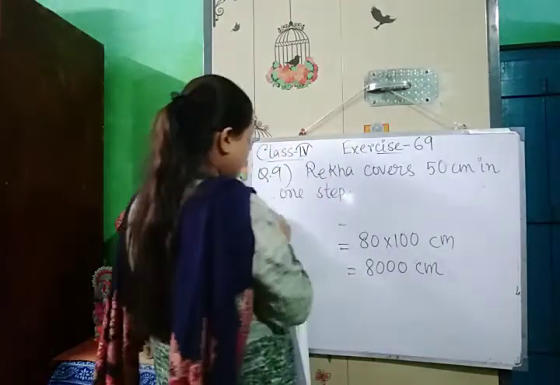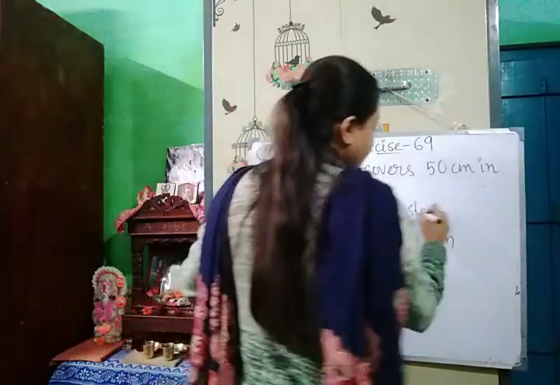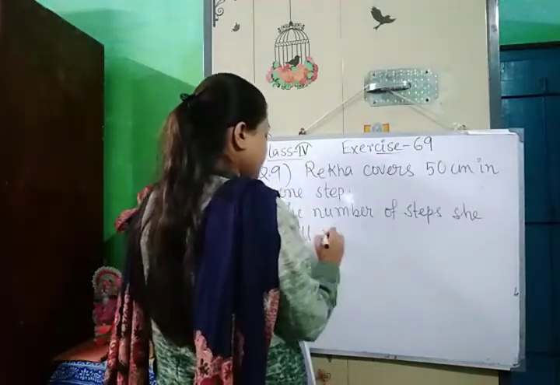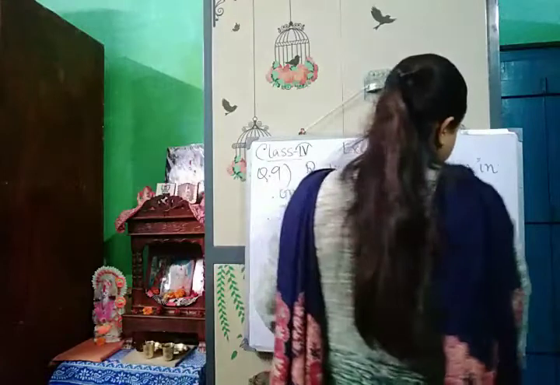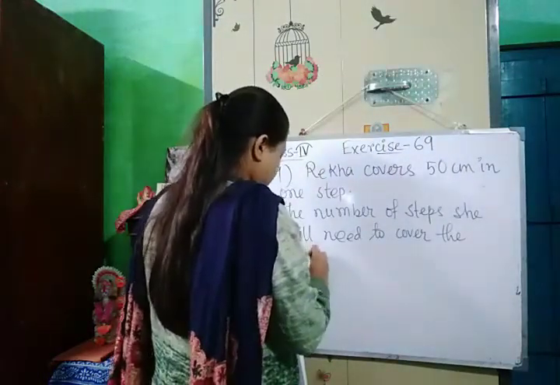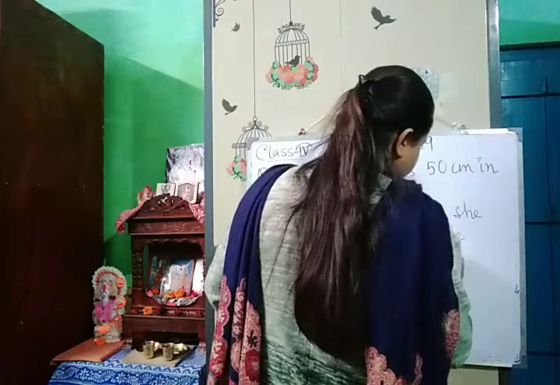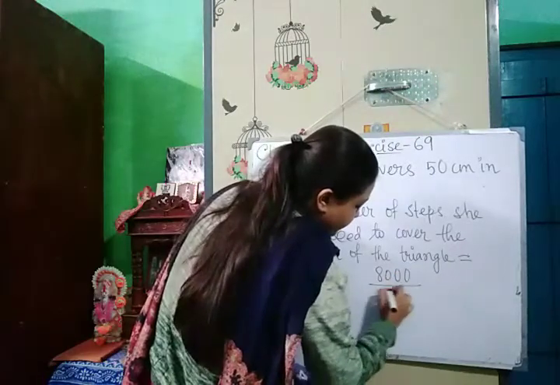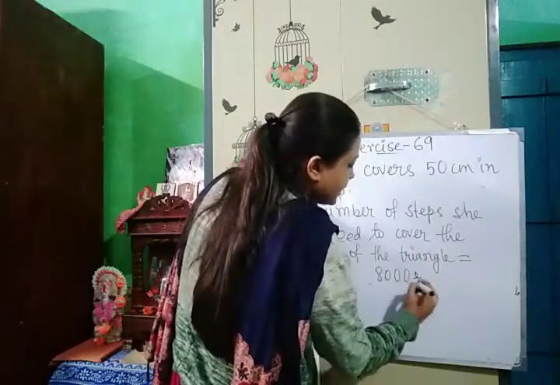Therefore, the number of steps she will need to cover the perimeter of the triangle is equal to 8000 divided by 50.